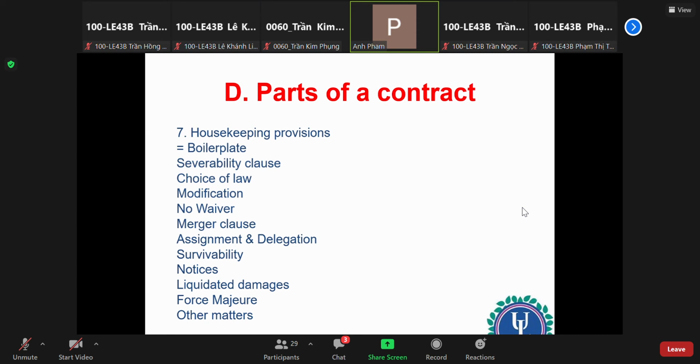Usually the clause on dispute settlement and the clause on confidentiality survive the termination or the expiry of the contract.